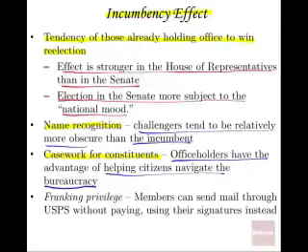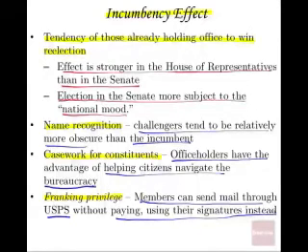Okay, and not only that, they have this unlimited mailing privilege, this franking privilege. And so these members can basically send mail through the U.S. Postal Service without paying. They just use their congressional signatures to send out mail. Challengers can't do that, right?